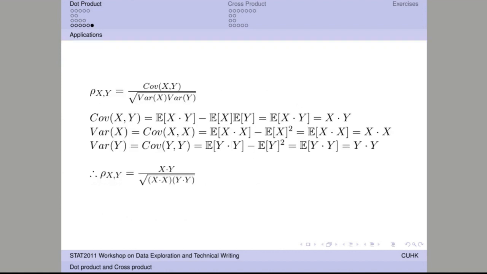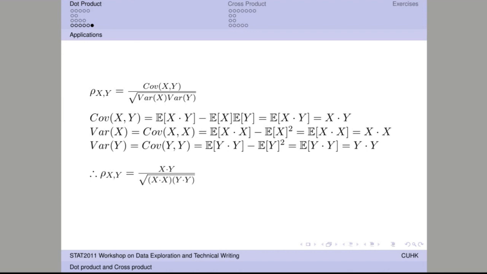As covariance of x and y equals the expectation of xy minus expectation of x times expectation of y, which is x dot y. Variance of x can be written as covariance of x and x, which is the expectation of x times x minus the square of the expectation of x, which equals x dot x.